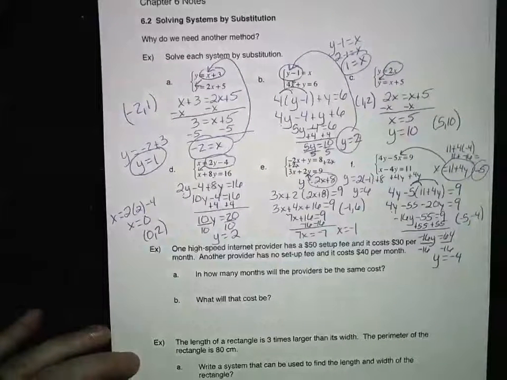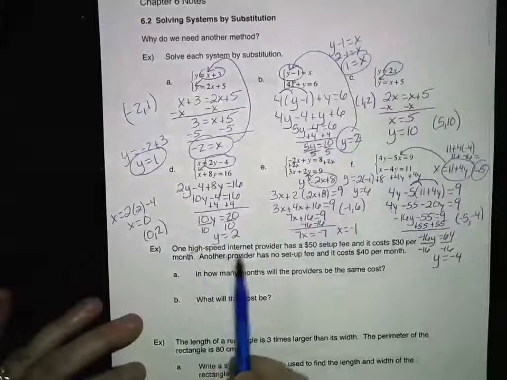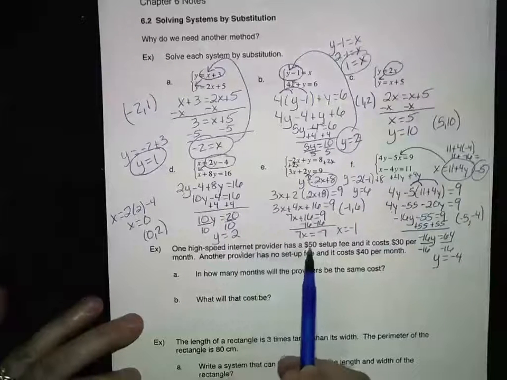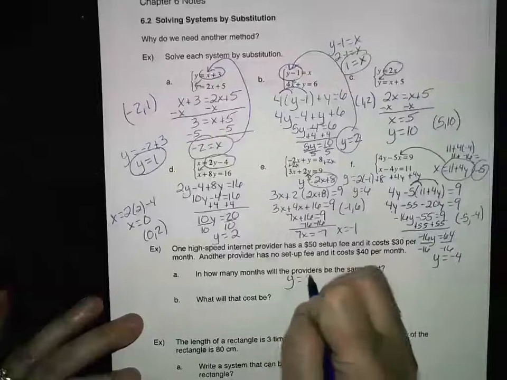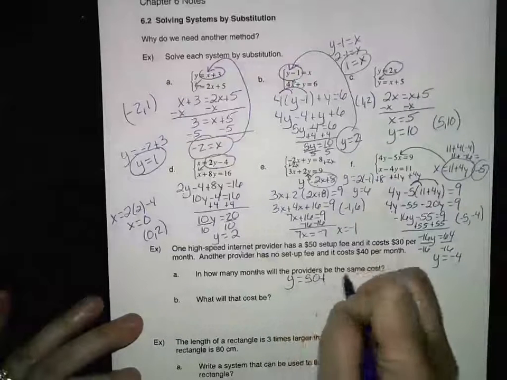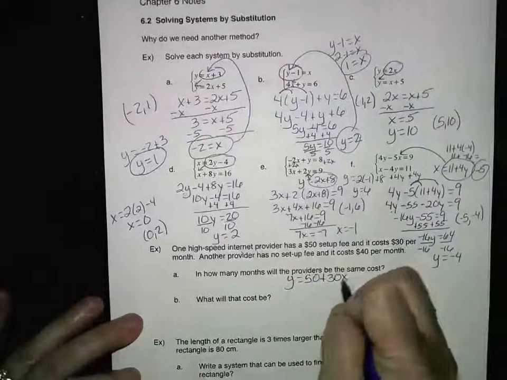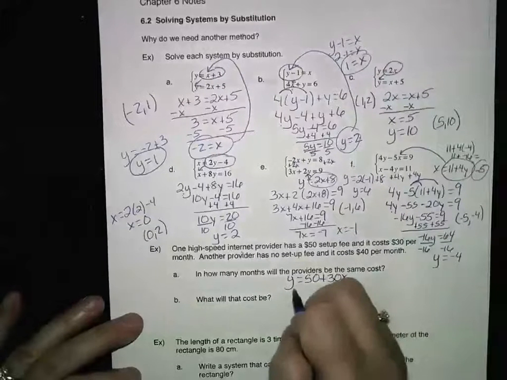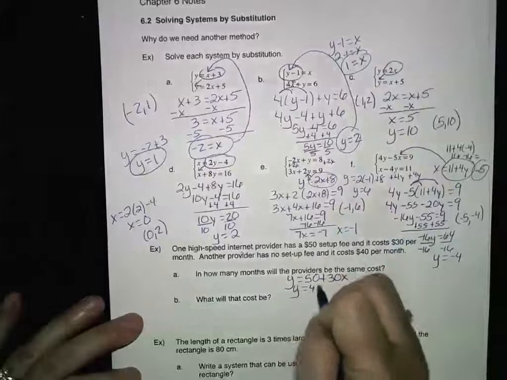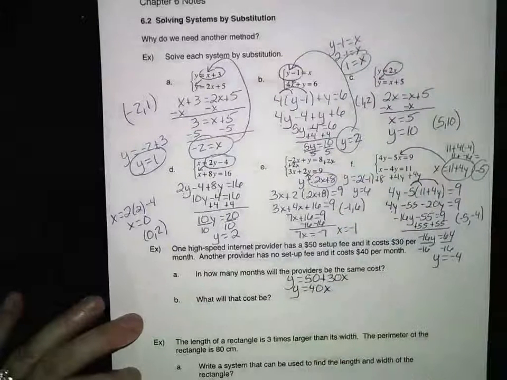Story problem example. One high-speed internet provider has a $50 setup fee, and then it costs $30 per month. So that will be y equals 50 plus 30x. Another provider has no setup fee, and the cost is just $40 a month, or 40x.